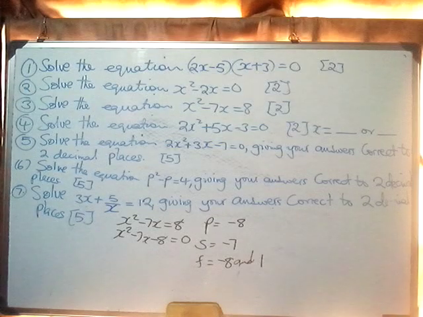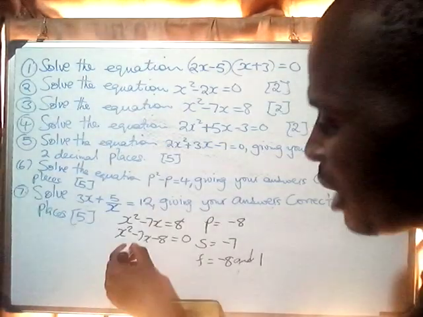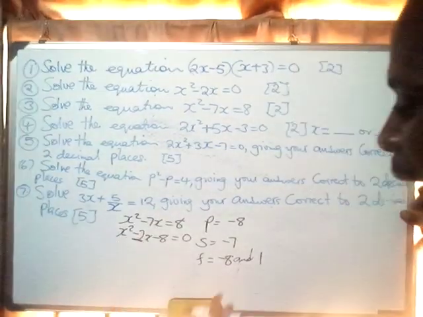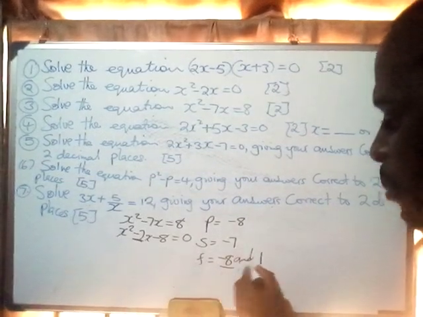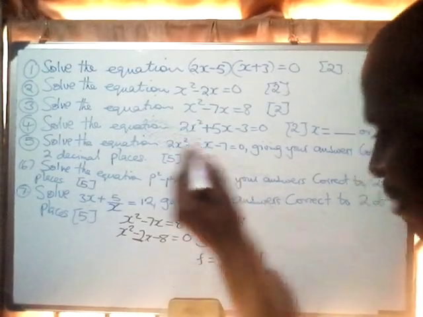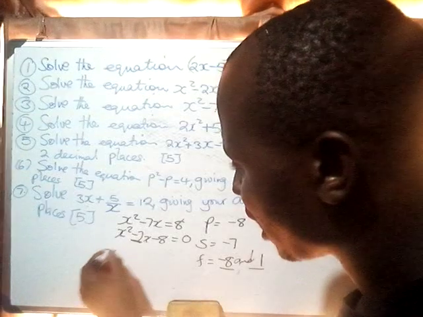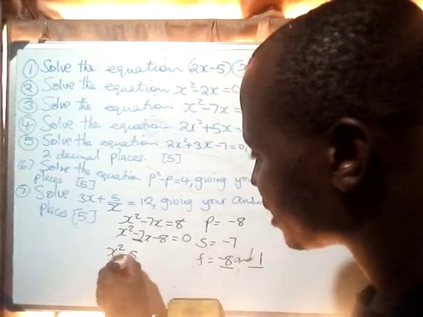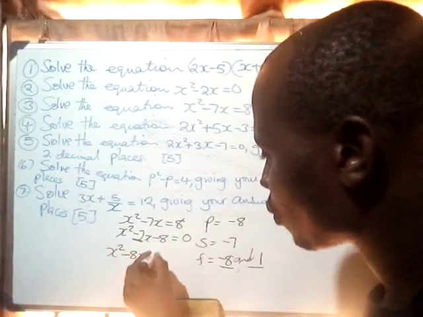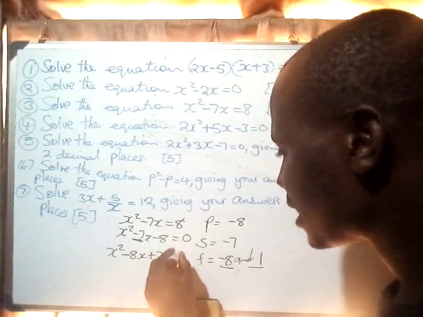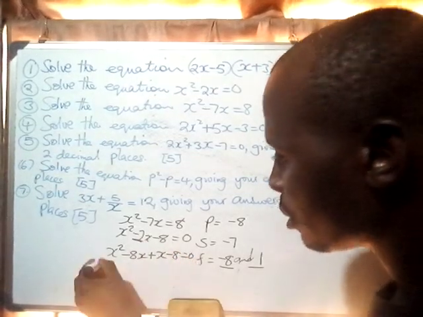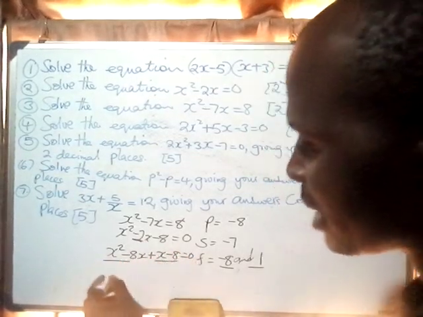So now, once I reach this stage, I'll replace where there is 7x with these 2 numbers. So I will have x squared minus 8x plus 1x minus 8 is equal to 0. I'll factorize this one separately.